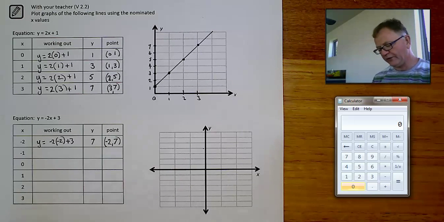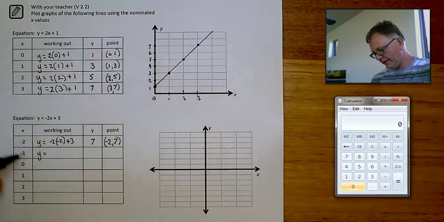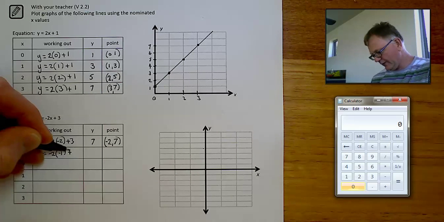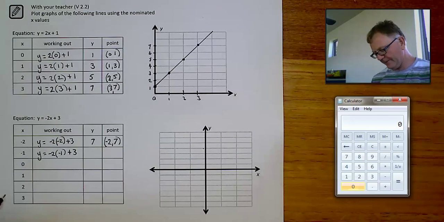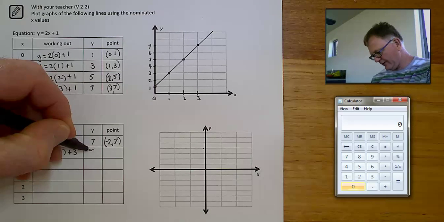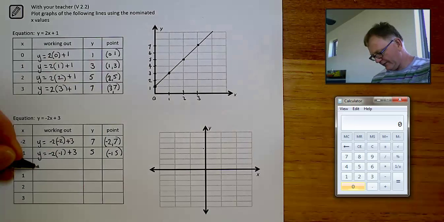I could put these on as I go, or I could work them all out and then put them all on at the end. I think that's what I'm going to do. So when x equals minus 1, y equals negative 2 times minus 1 plus 3. That'll be positive 2 plus 3 is 5. The point minus 1, 5 is on the graph.